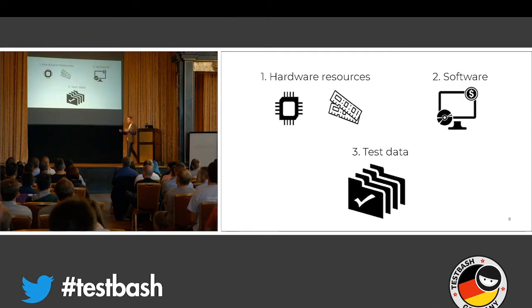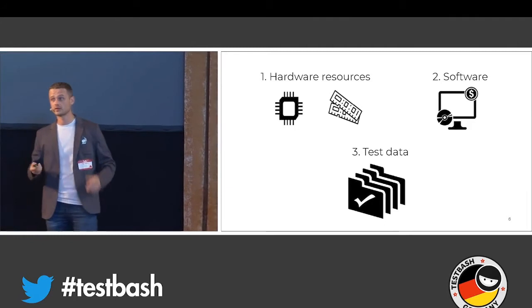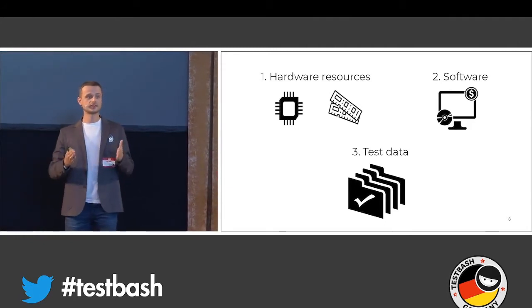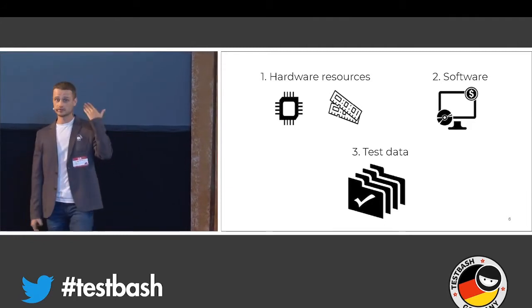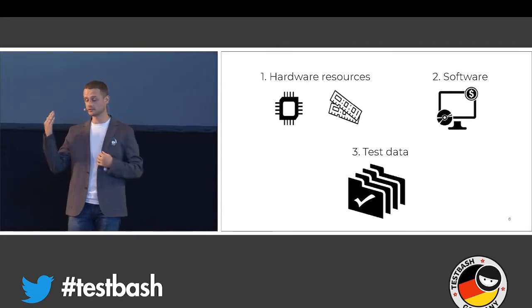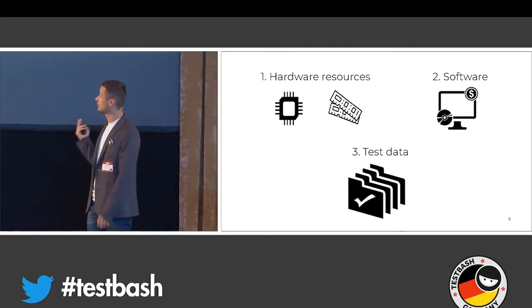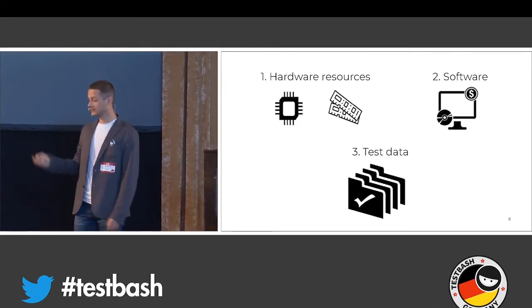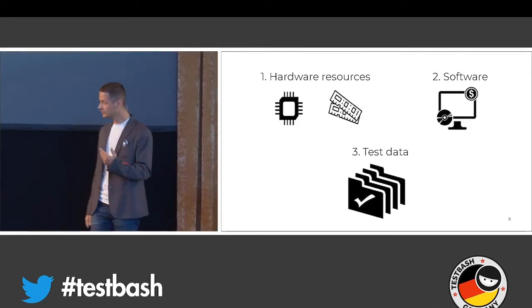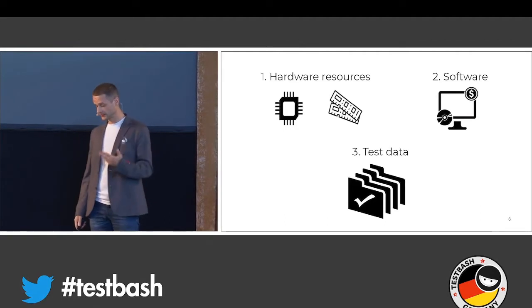But the main essence of activity number 1, to identify a test environment, is to completely understand differences and similarities between your test environment and your production environment. And you can do this by checking these 3 key characteristics. First is hardware resources, software, and test data.